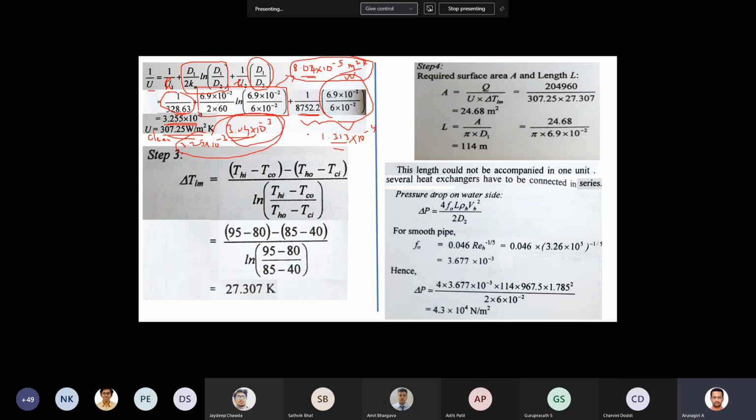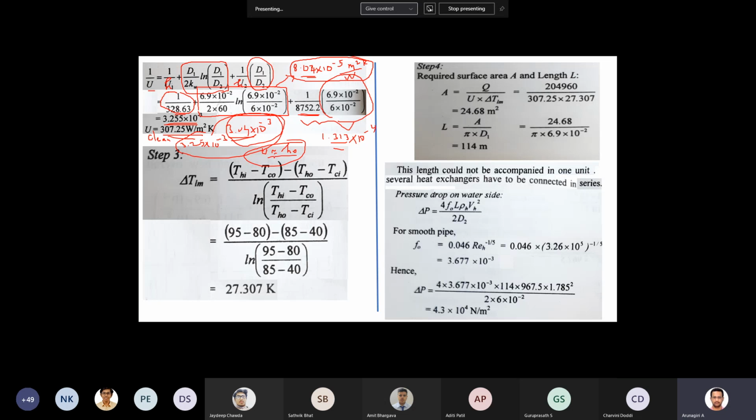Whenever the heat transfer coefficient is high, the resistance will be on the lower side. So in this case, the clean overall heat transfer coefficient value is very close to the film coefficient of ethylene glycol, so you can say U is approximately equal to h0.